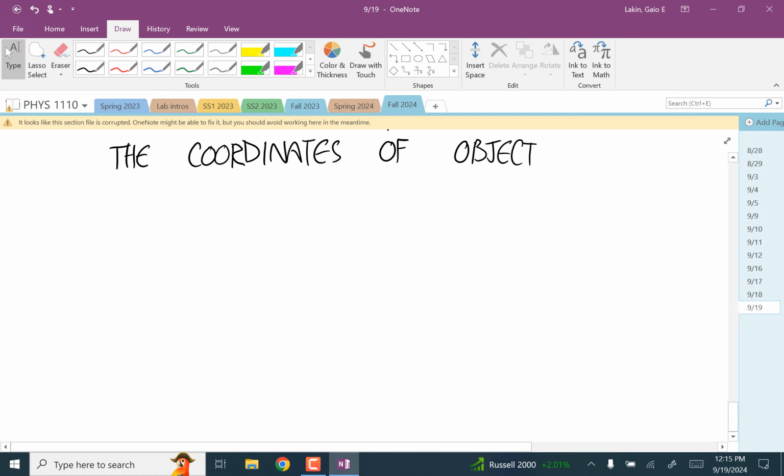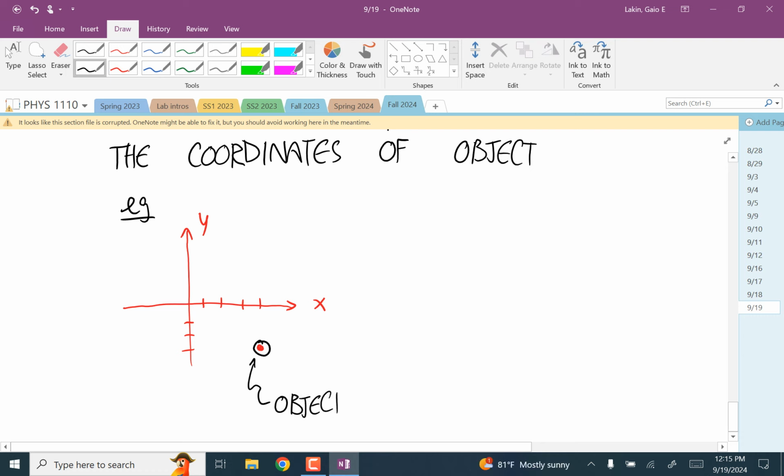So for example, if your coordinate system is this, and your object is here, the coordinates of that point are 4, -3.